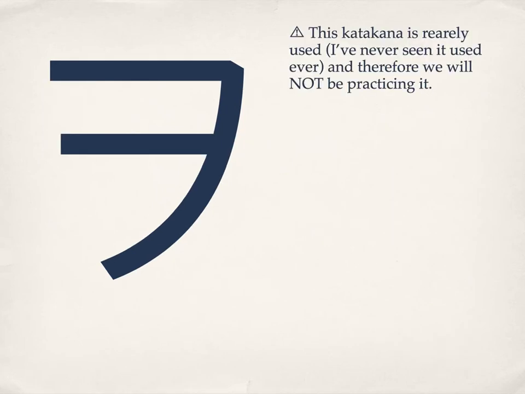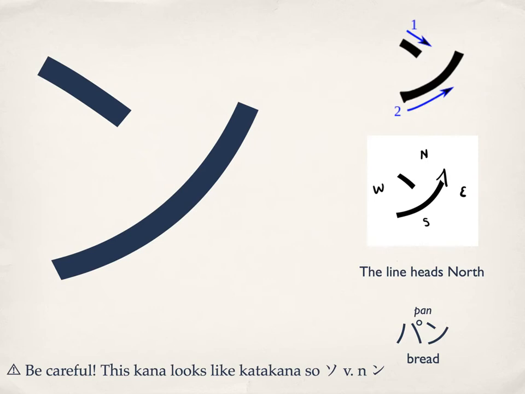This is o, or wo, and this katakana is rarely used. I've never seen it before ever used in a regular word, and therefore we will not be practicing it, but just so you know, it is there, but you will probably never see it. これはunです. Un looks suspiciously like so, only it goes up.